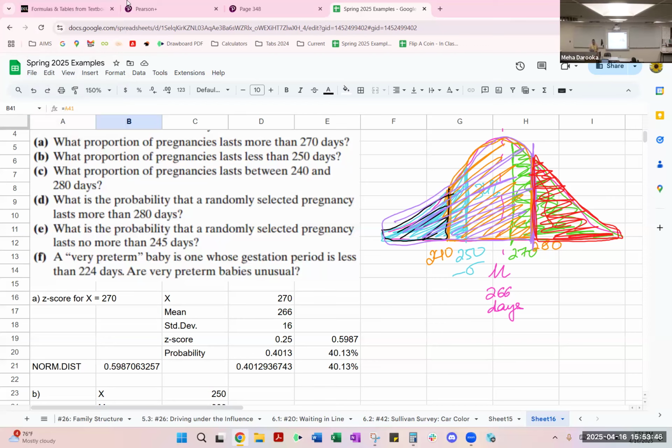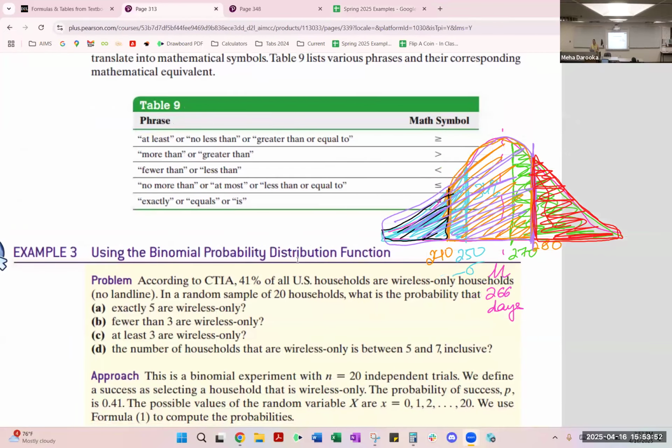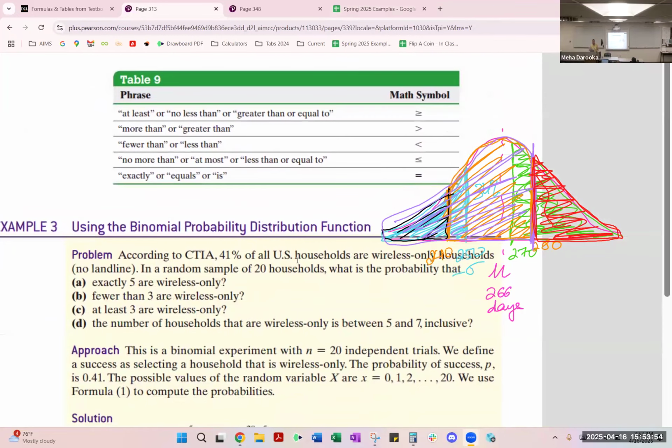So this is what I'm talking about. These terminologies and what their math symbols represent will really, really come in handy as you're working through this.